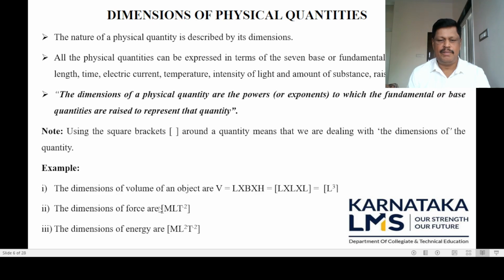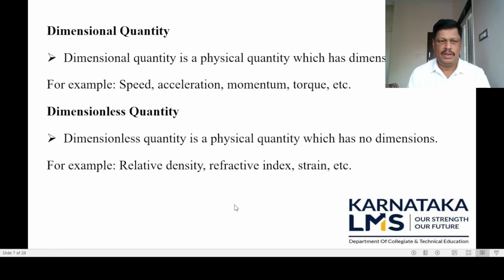Therefore, dimensions of a physical quantity is defined as the powers to which a physical quantity must be raised to get the physical quantity such as force, energy and velocity. And also using these dimensions we can write the unit of a given physical quantity. This is the main importance of the study of dimensions.